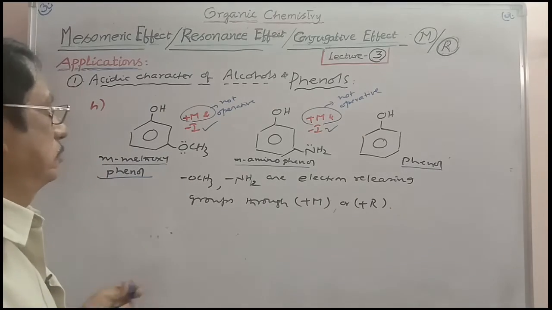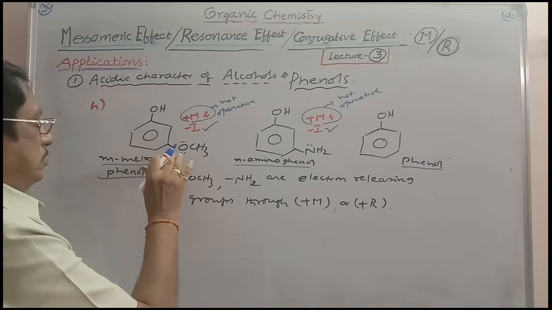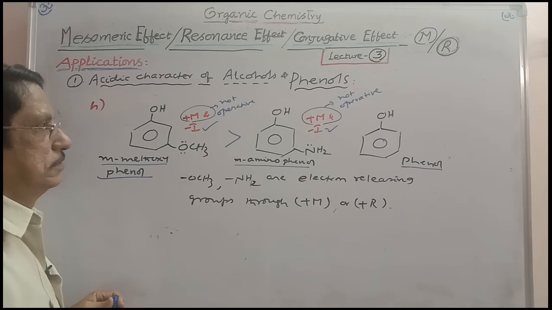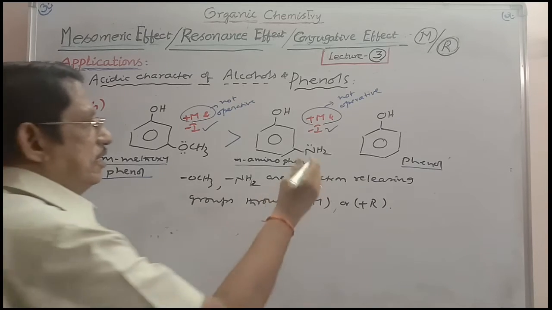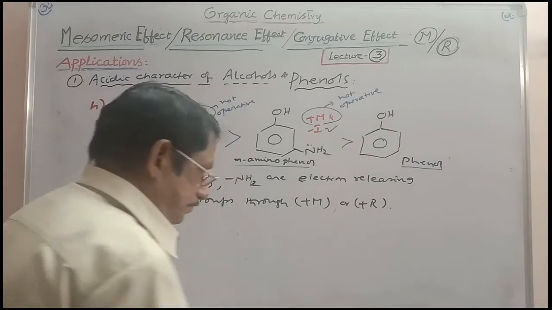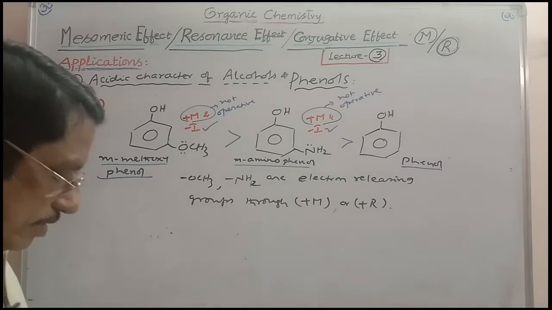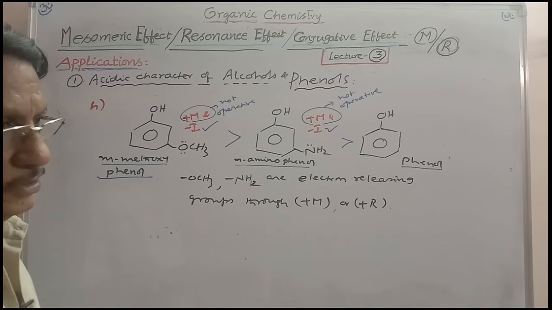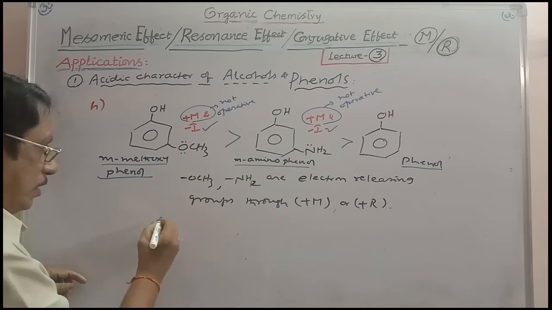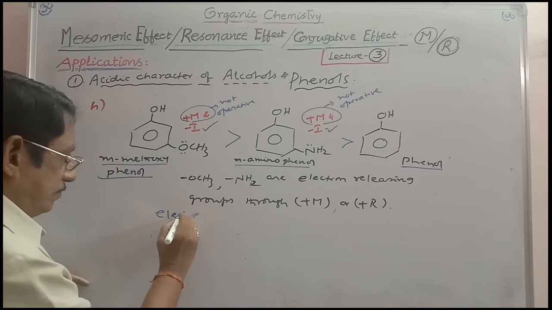And in this case, practically it is observed that metamethoxyphenol is more acidic than meta-aminophenol, which is more acidic than phenol. Both are more acidic. Why is it so? You have to compare the inductive effects, which is more electron withdrawing. Electronegativity factor operates here.